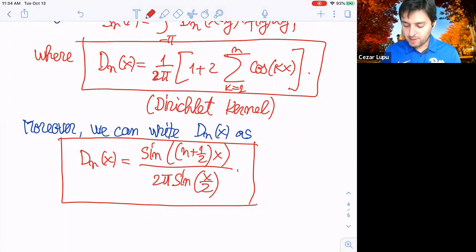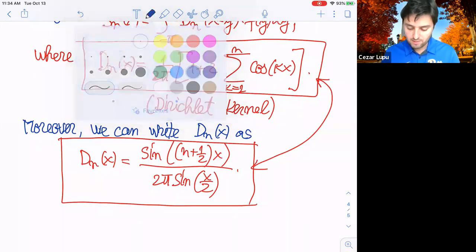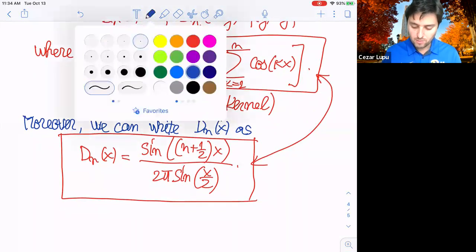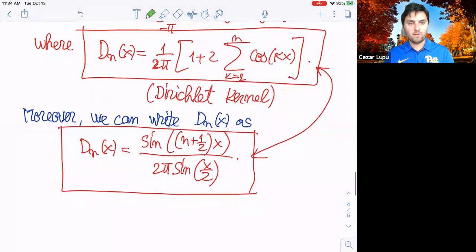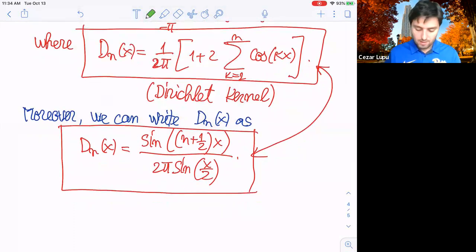But for example, in passing from here to here, there is one identity that is hidden, and this will be an important ingredient for us when we deal with the Basel problem. So let me write this expression.